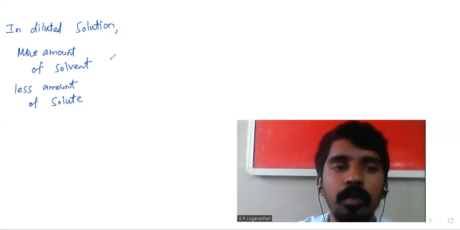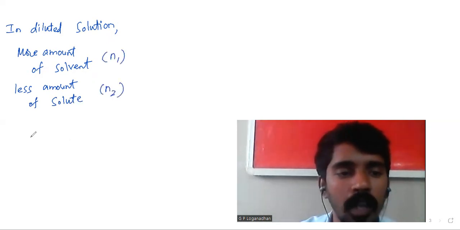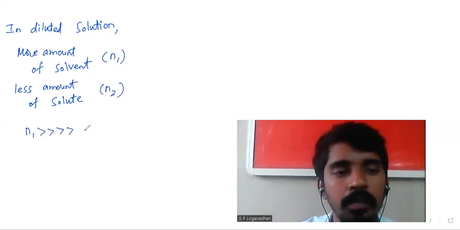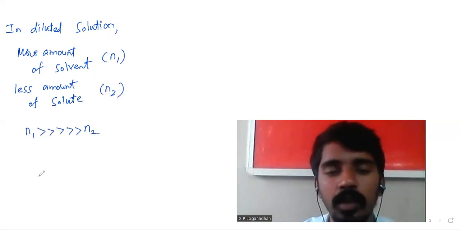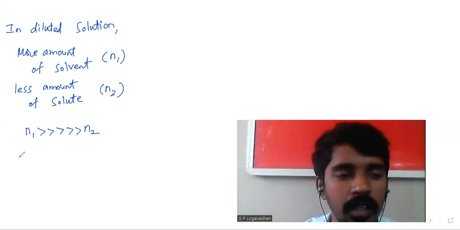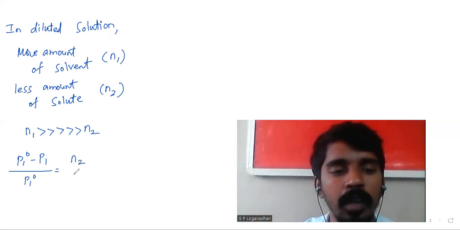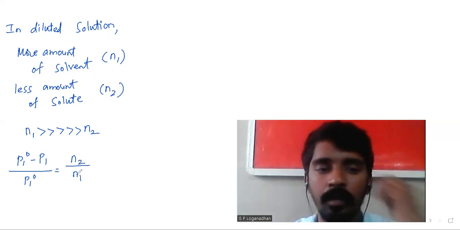So the number of moles of solvent is more than the number of moles of solute, and you can write this as P1 naught minus P1 divided by P1 naught equals N2 divided by N1.